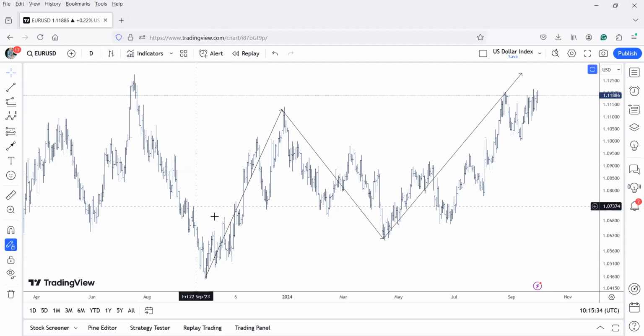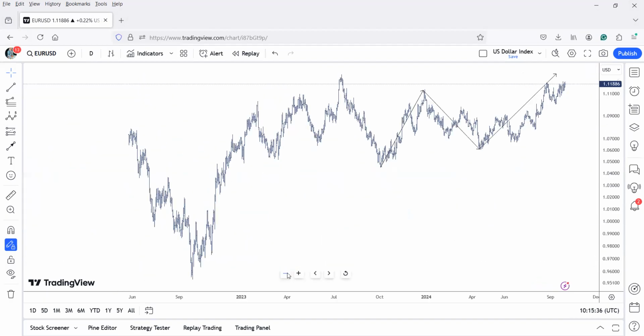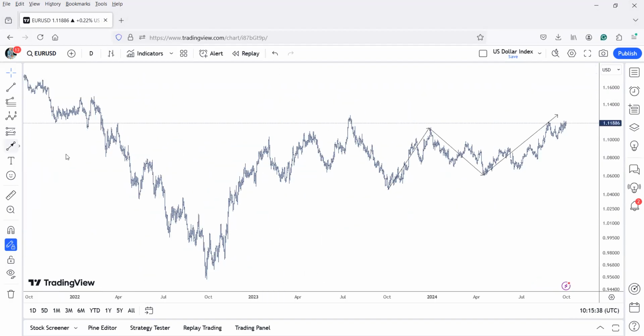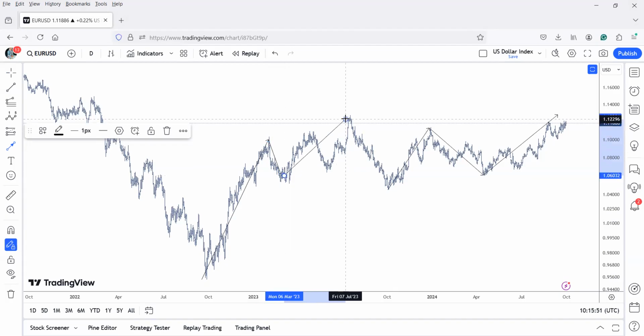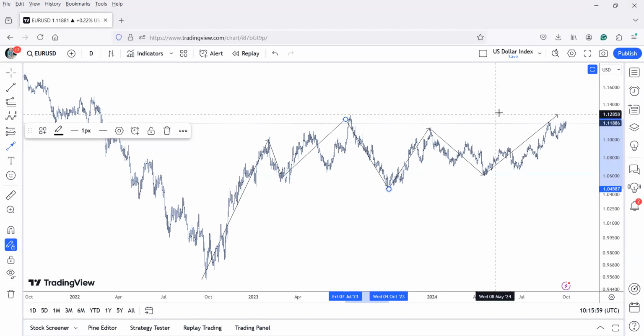If that was an impulse rally, followed by an ABC corrective drop, an expanded flat I'm talking about, we're looking at a different angle this time. So that is 5, 3, another 5-wave movement would complete at least an ABC.